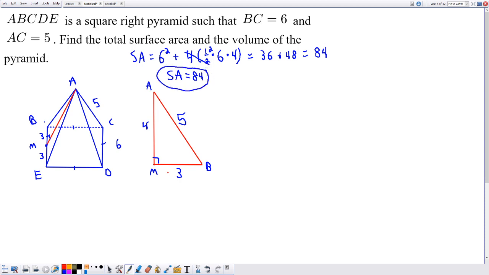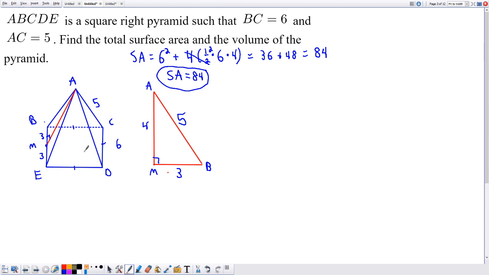Perfect. Now we would like to find the volume. So how do we find the volume of this object? Well, we need the height of the pyramid.